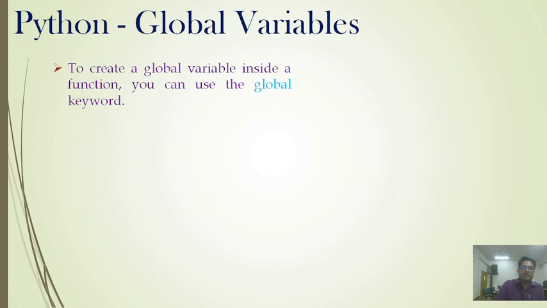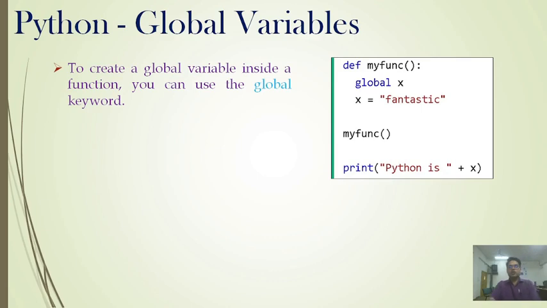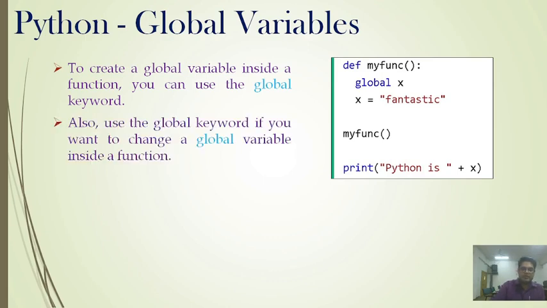To create a global variable inside a function, if you want to create a global variable inside the function, then we simply use the global keyword. Here you can see global x. Now you can use your x as a variable outside the function also, or in different functions, which is simply declared using the global keyword.